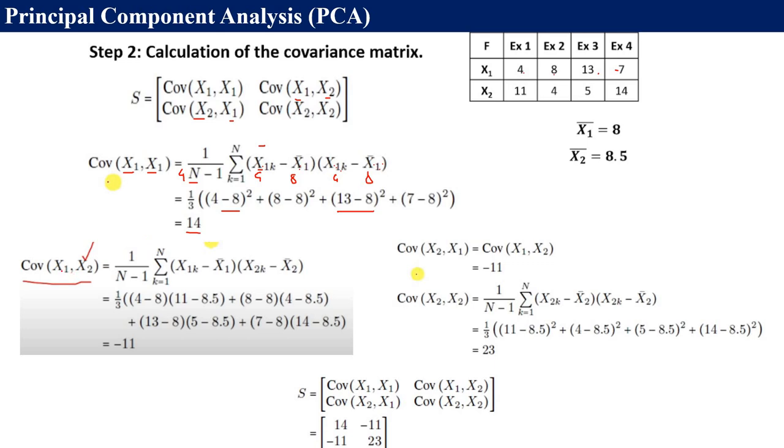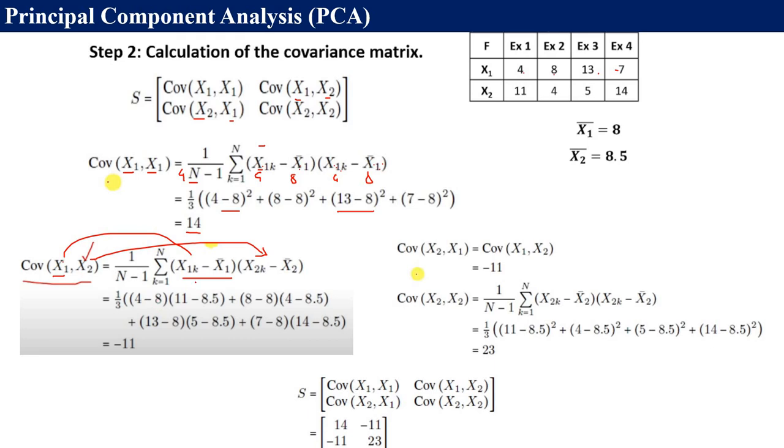When it is x1, x2, the first bracket is x1 minus x1 bar, and the second bracket is x2 minus x2 bar, divided by n minus 1.